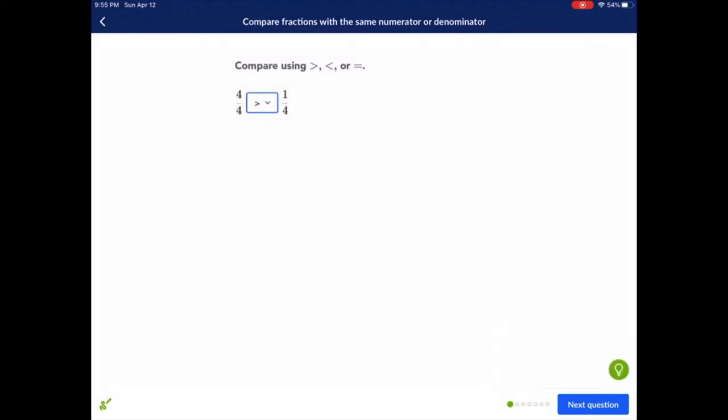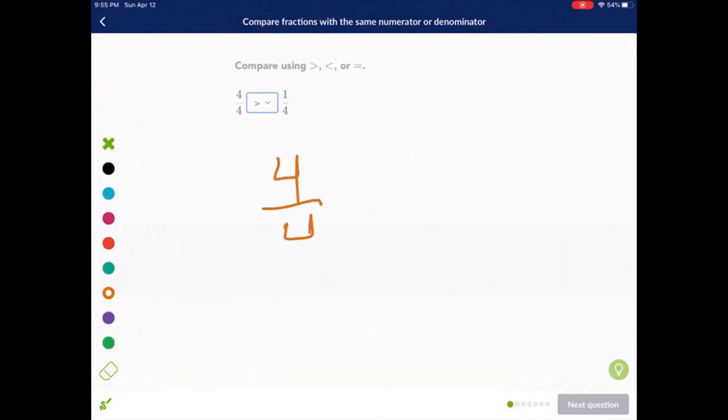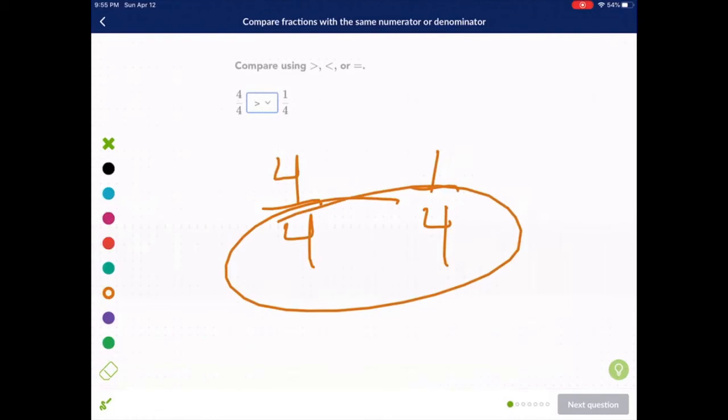If the denominator is the same, and in this one the denominator is the same, we can start comparing already, as long as they have the same denominator. Think of it like this. If we had, wow, that's going to take a long time to erase.